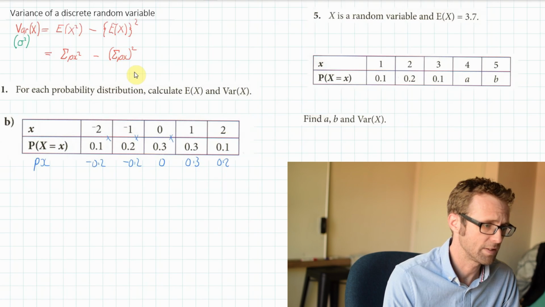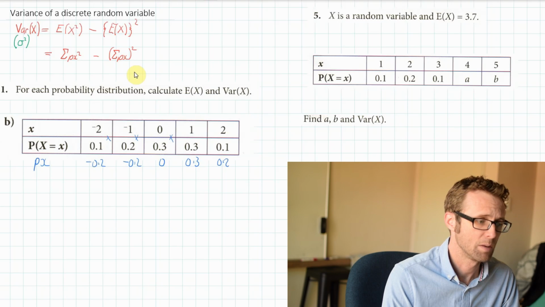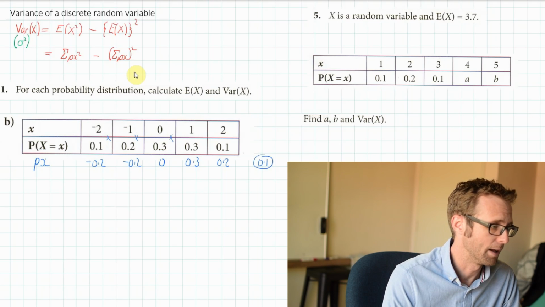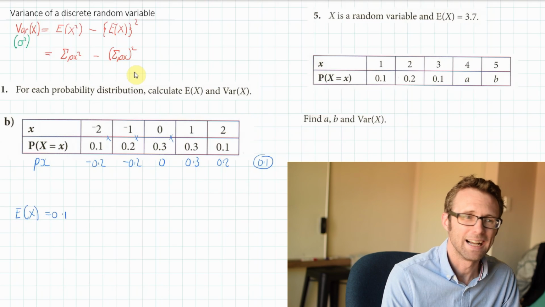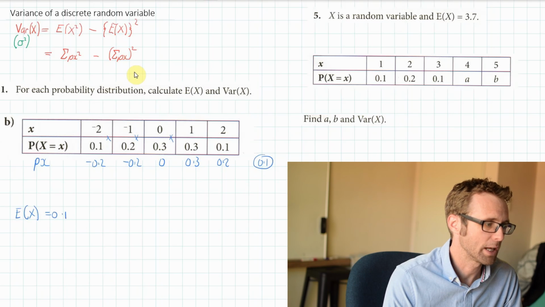So the sum of all of these, if we add them all up, negative 0.4 plus 0.3 is negative 0.1 plus 0.2 is 0.1. So we know that the expected value is going to be 0.1. Now, to get var(x), we're also going to need to find x squared p(x).